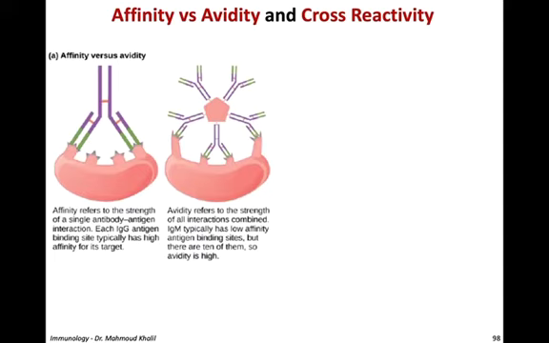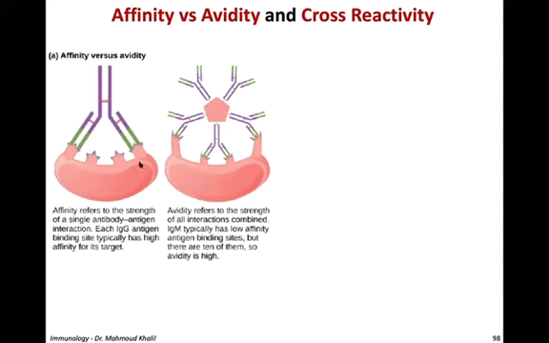In this figure you can see the difference between affinity and avidity. The IgG antibody can bind with high affinity to the epitope on a specific antigen. Although the IgM pentamer binds with low affinity at each paratope, if you calculate the avidity of the whole molecule, it will be higher than the IgG.